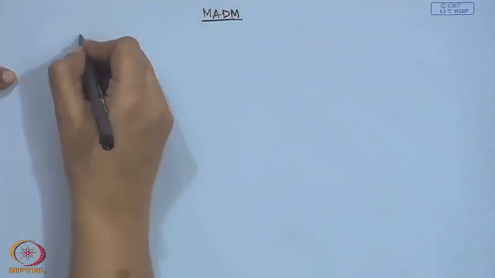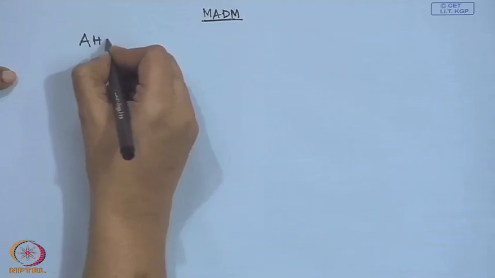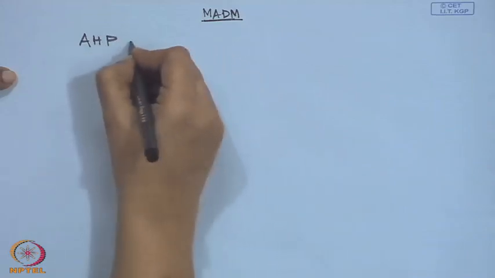Now, coming to multi-attribute decision making problems specifically, there are several methods to tackle them. One of the very well known methodologies, invented in 1980, is the analytic hierarchy process.